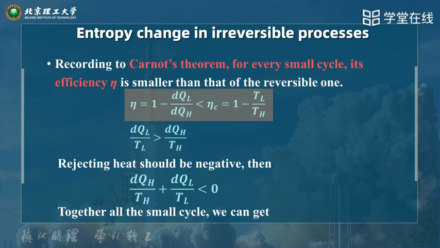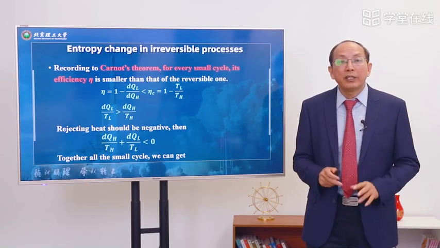From this equation, we can obtain dQL over TL larger than dQH over TH. Notice, please, that QL is rejecting heat to the surroundings, so it should be negative.